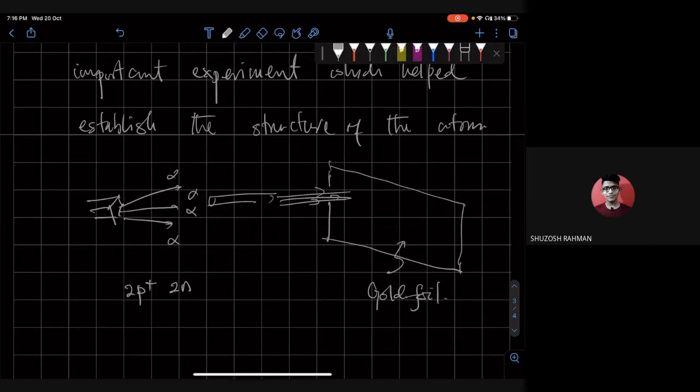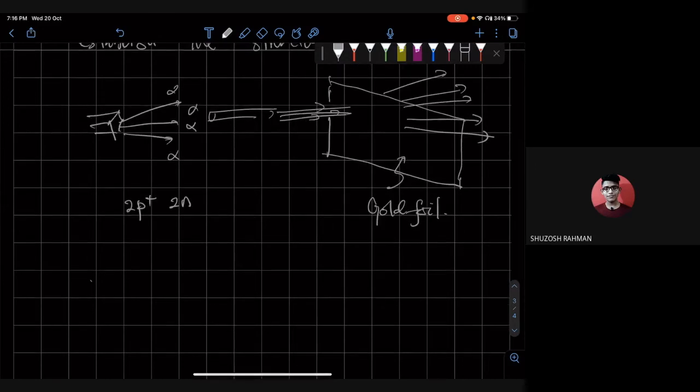So the gold foil was so thin that it was not bigger than a few atoms wide. And then it was so thin that the alpha particles went through. And most of the alpha particles were barely deflected, okay?